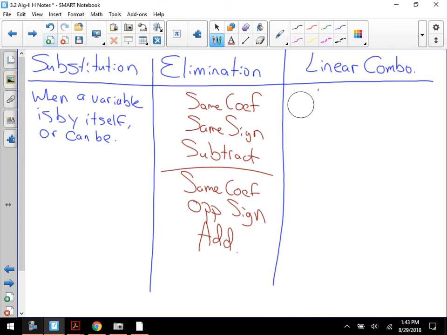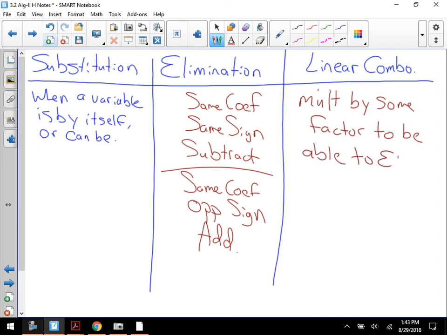Multiply by some factor to be able to eliminate. Again, once we throw a couple examples on the board, you'll go, oh yeah, I remember that, and it's fine.